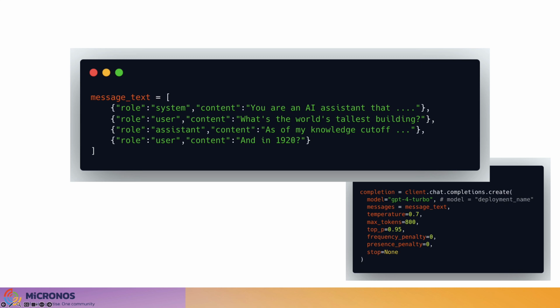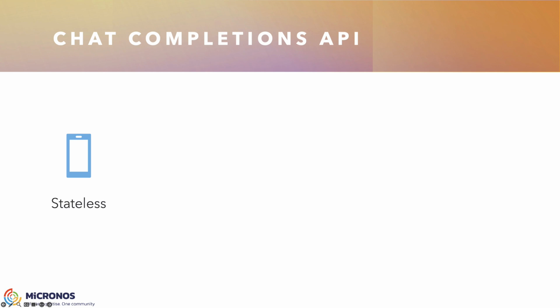So if we summarize that, the Chat Completions API is a stateless API. And that's very important. It's stateless, of course, in contrast with the Assistants API that we'll see in a moment. You either have to send your state, your chat history, from the client application, which could be a web app, for instance, or if you use an intermediary API that your web app is talking to, you could actually store it server-side as well in any shape or form you want to.